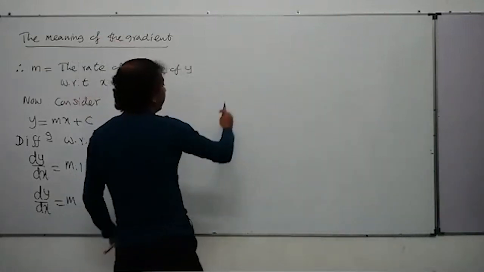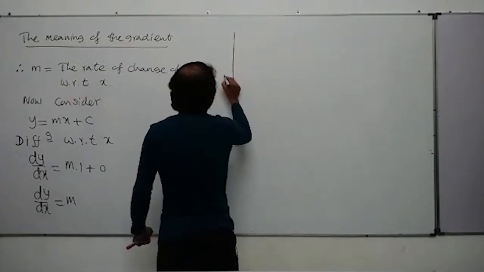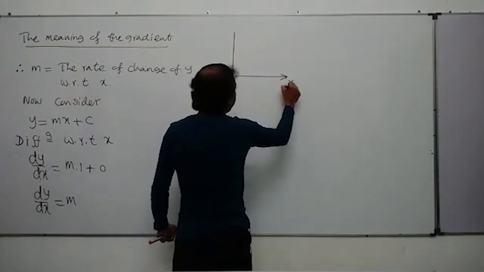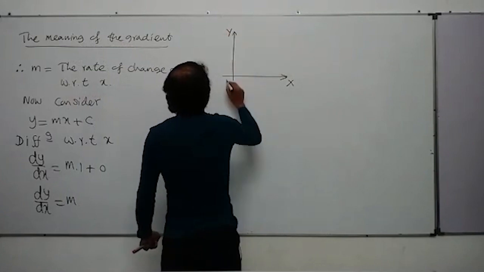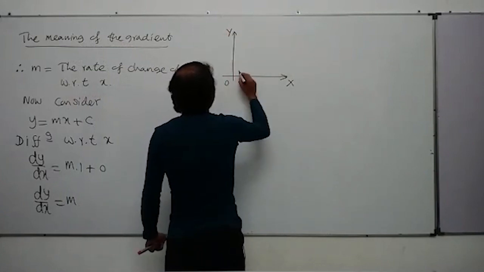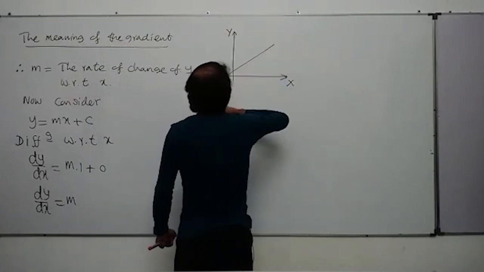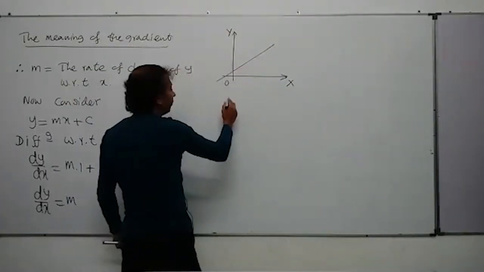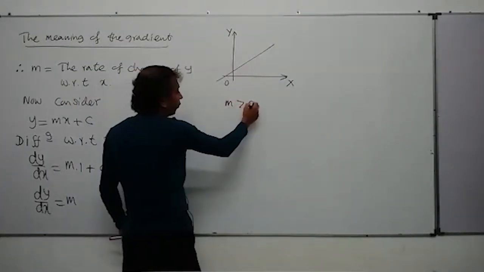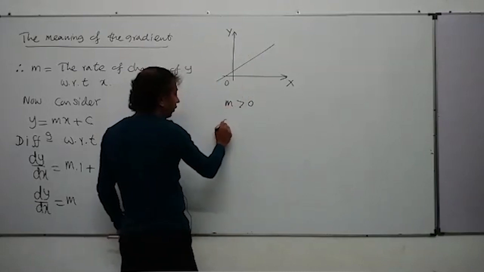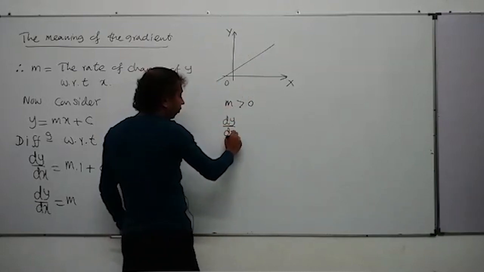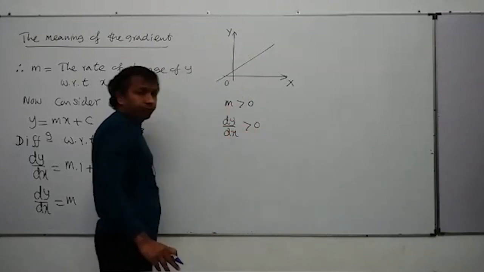Right, so then you can again draw another two small diagrams like this. x here, y here, origin over here. Here you can very clearly see the gradient is positive. Gradient means dy by dx, so dy by dx is positive.